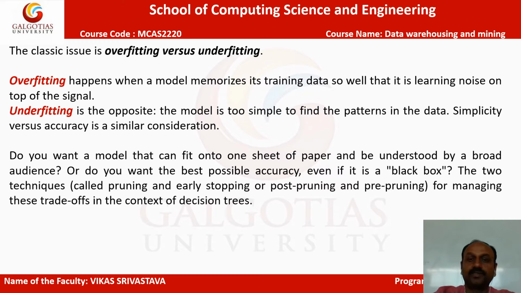Do you want a model that can fit onto one sheet of paper, or that is understood by a broad audience? Or do you want the best possible accuracy even if it is a black box? The two techniques called pruning and early stopping, or post-pruning and pre-pruning, manage these trade-offs in the context of the decision tree.